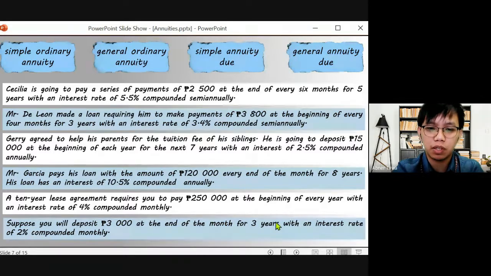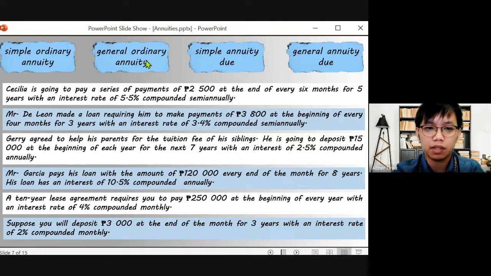Okay, so sabi dito, ang payment interval ay every month, and then yung interest period is monthly. So pag parehas, every month din yun, tapos monthly dito, since parehas sila, it falls under simple.